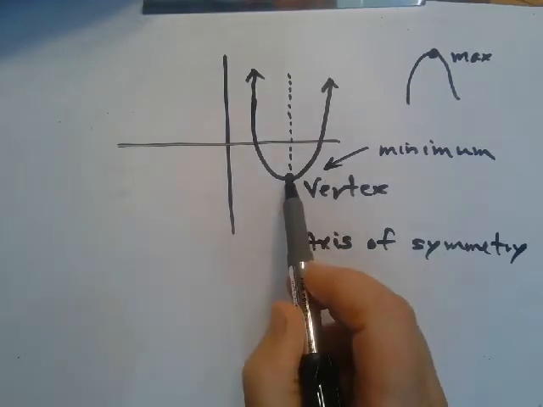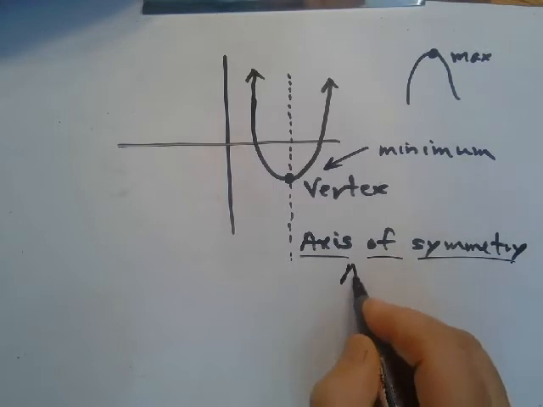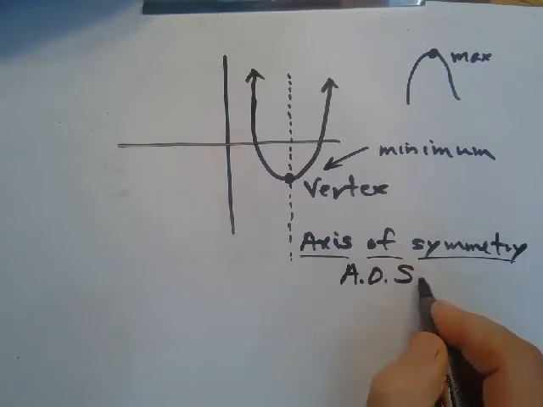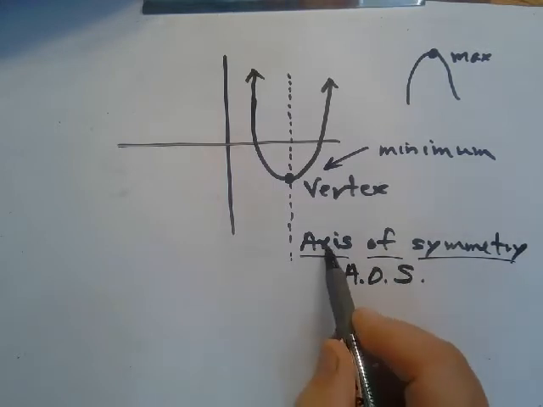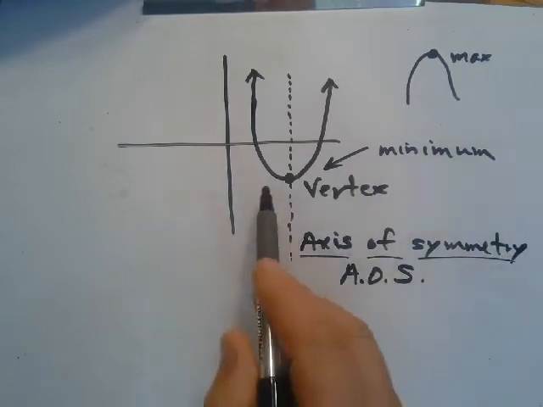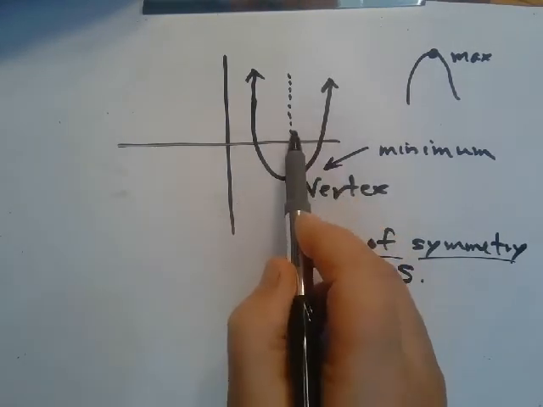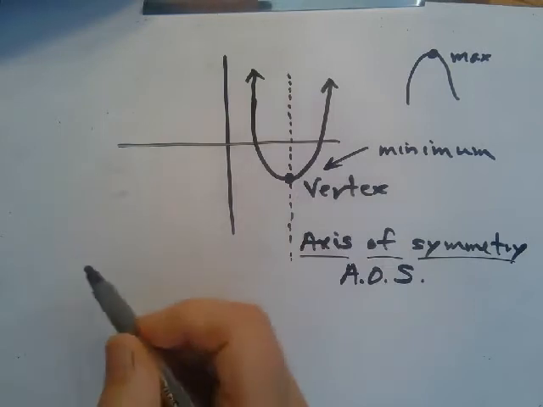Now the vertex is also sitting right on what we call the axis of symmetry. I'm going to abbreviate that with the letters AOS, axis of symmetry. Axis is just a line. Symmetry, of course, is what you know it is. It's symmetrical about that particular line, the same shape on both sides of the line.